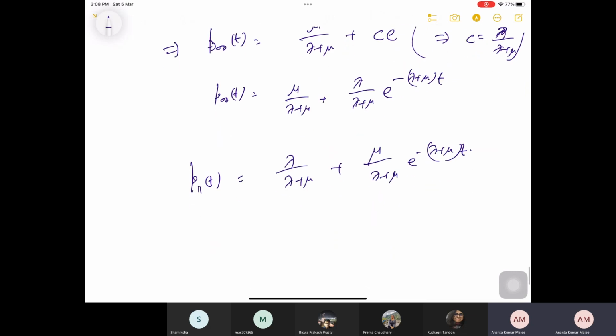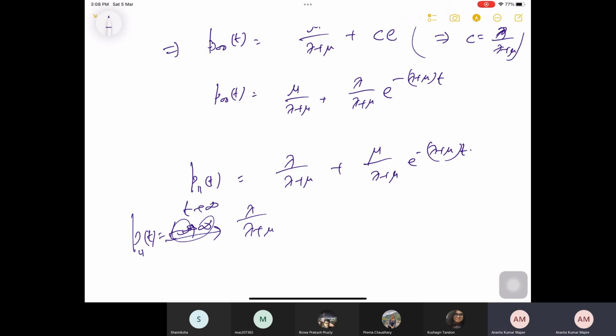Here you see, later on we'll consider the limiting distribution. So in this case, at least for this two state chain, as t goes to infinity, P_11(t) is lambda by lambda plus mu, and P_00(t) converges to mu by lambda plus mu.